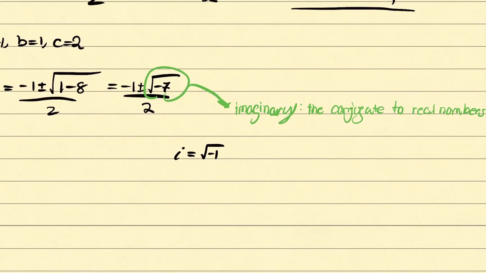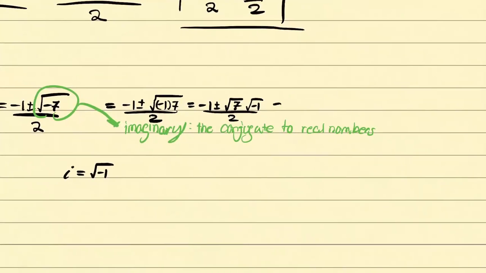Because what I can do is rewrite this as -1 plus or minus the square root of -1 times 7, over 2. So this is -1 plus or minus √7 times √-1, over 2. And if i is the square root of -1, this is -1 plus or minus i√7 over 2.